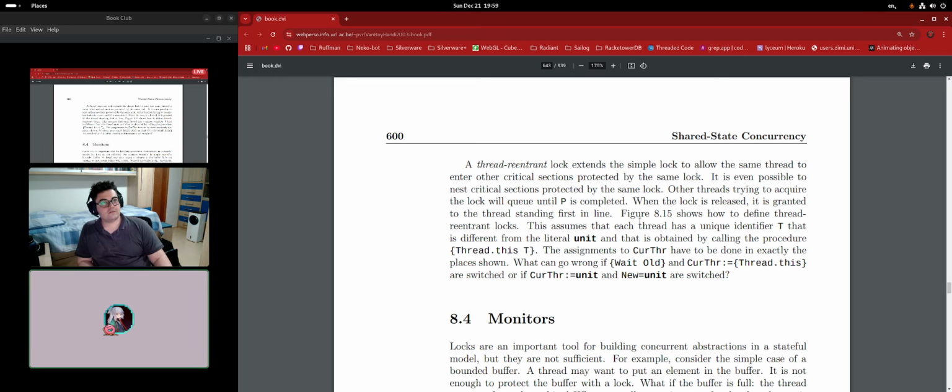It might be. Depending on the language, there may be a priority system, right? Yeah, but what is the usual convention for that? Well, if you don't have a priority system, it would just be first in, first out. That's just the simplest, most minimal semantic that you can give that actually allows you to reason about these things. Yeah, that makes sense. This assumes each thread has a unique identifier T.